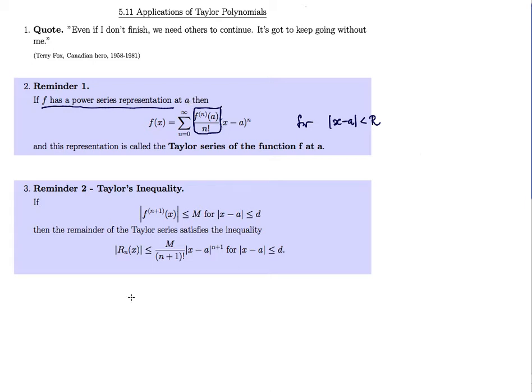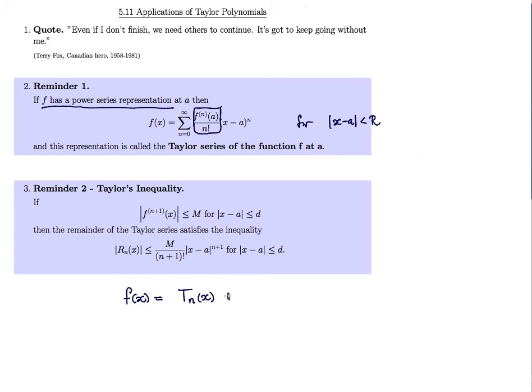So just a reminder that we can always write our function f, if it has a power series representation, we could peel off, say, the first n terms of our representation. So now this is a polynomial of degree n, known as the Taylor polynomial of degree n. And that's not going to be equal to the function.